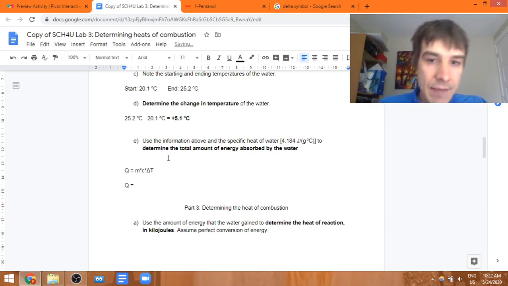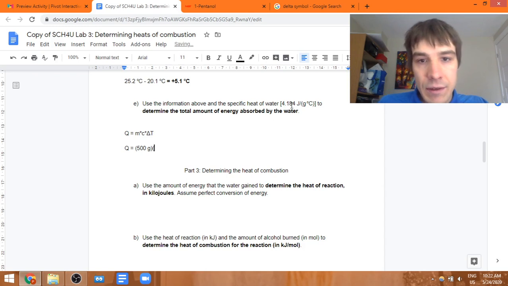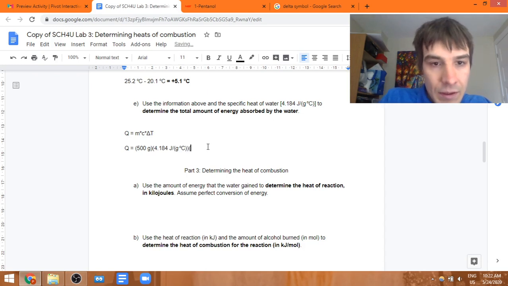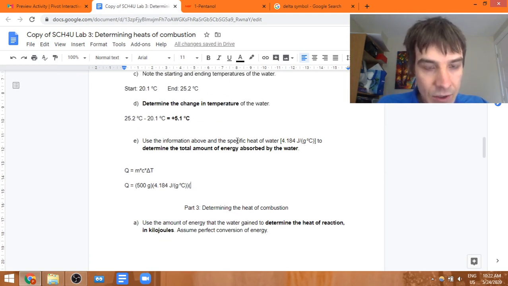Okay, and then we have all of this, right? M, the mass of water is 500 grams. C of water is given, 4.184 joules per gram degree Celsius. And times the change in temperature, plus 5.1 degrees Celsius.